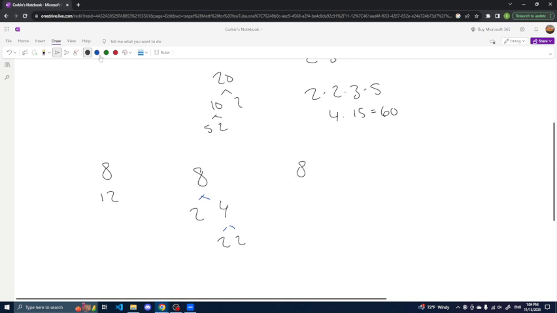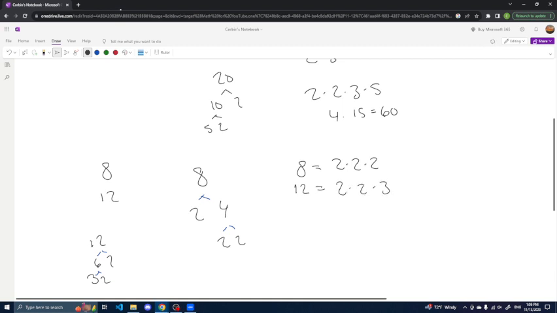So 8 is equal to 2 times 2 times 2. 12 is equal to 6 times 2, which is equal to 3 times 2. So here we have 12 is equal to 2 times 2 times 3.